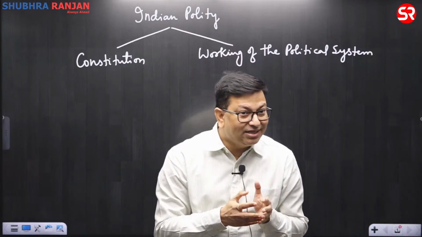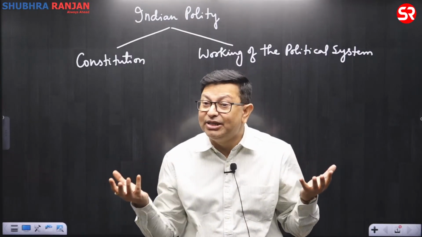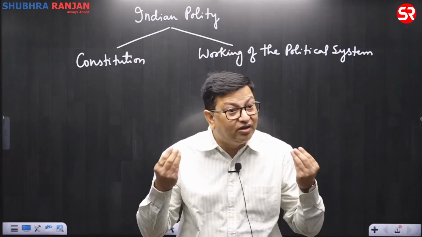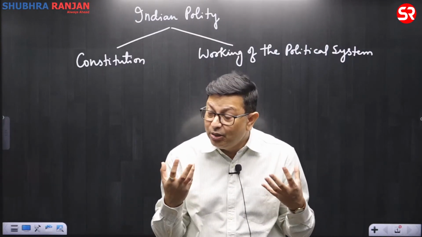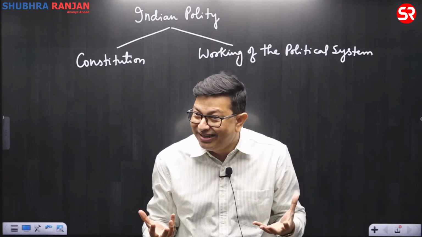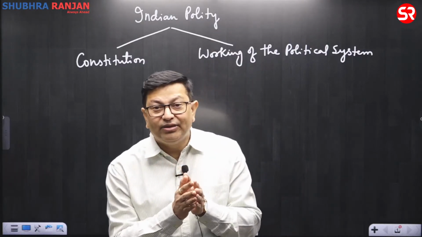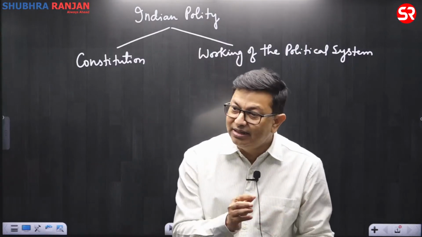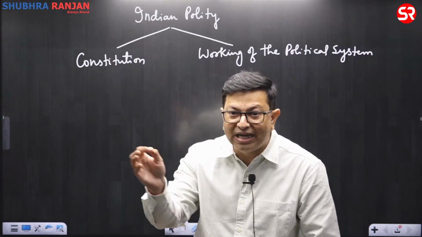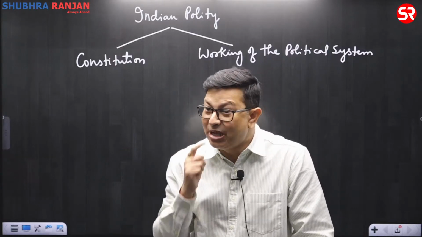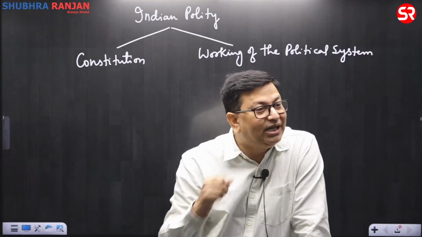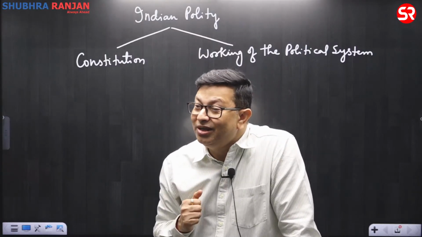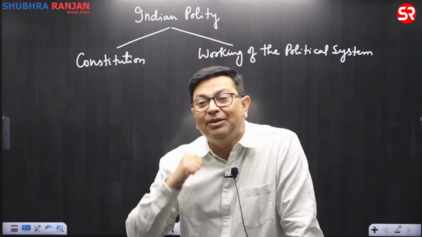In case none of the political parties gets a majority, either in Jharkhand or in Maharashtra, what will the governor do? You need to develop an understanding that if a political party or a pre-poll coalition gets a majority, then the governor will appoint the leader of that political party as the chief minister. But suppose none of the political parties gets a majority, then what will the governor do? The governor will use his discretionary powers.